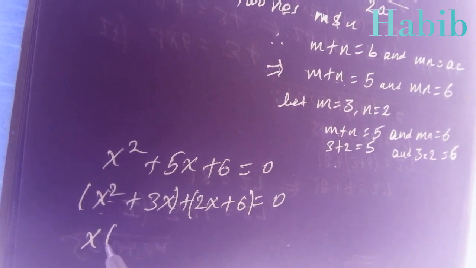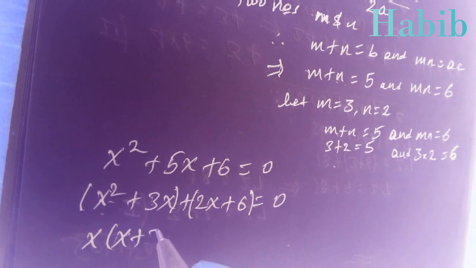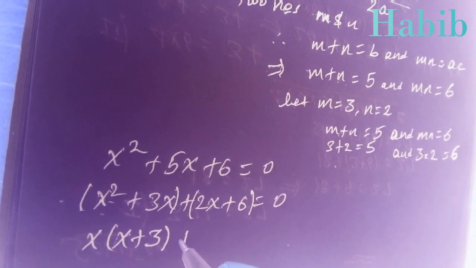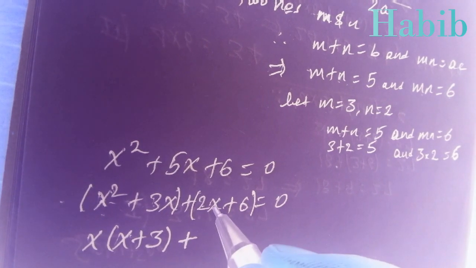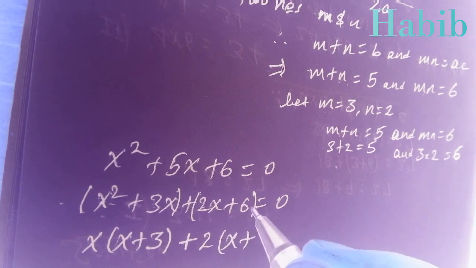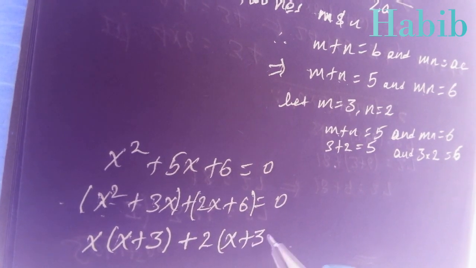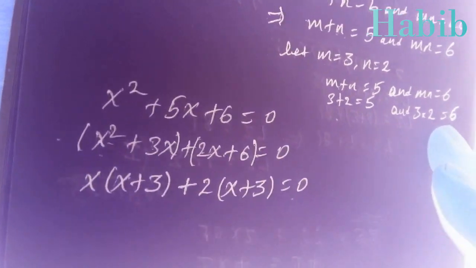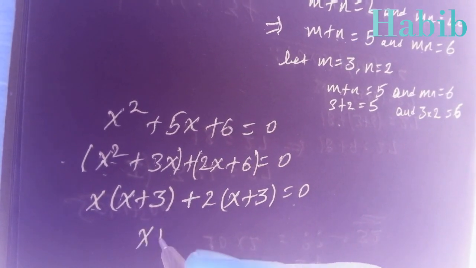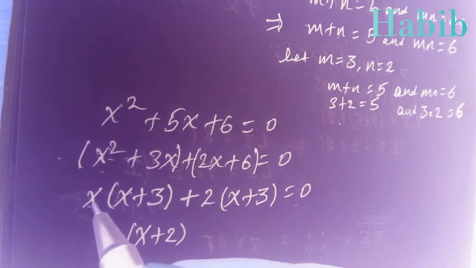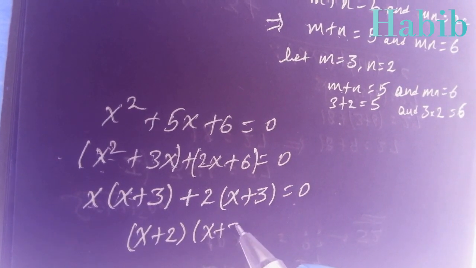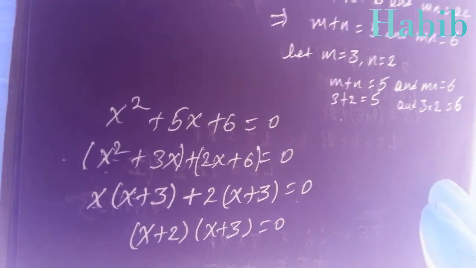We can take x common from x squared and 3x, giving x times x plus 3, plus 2 times x plus 3 equals 0. From this, we can say x plus 2 times x plus 3 equals 0.